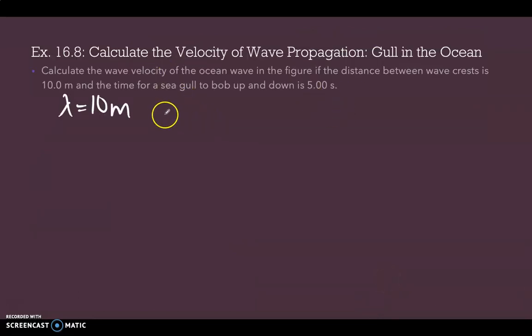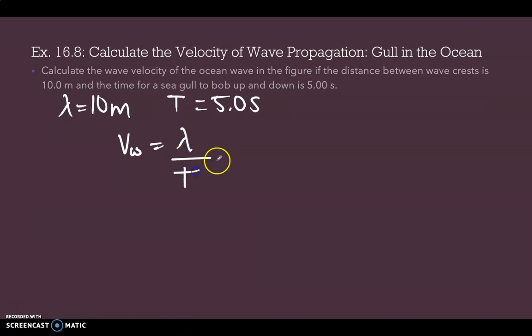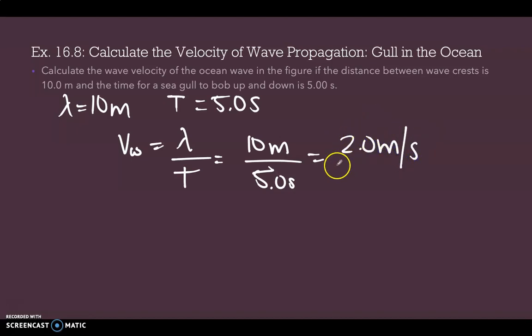So my T is 5 seconds, and we want to know the wave velocity. So remember, that's going to be lambda over T. Lambda is 10 meters, my period is 5 seconds. So 10 divided by 5 is 2 meters per second. So this is my wave velocity in this case here.